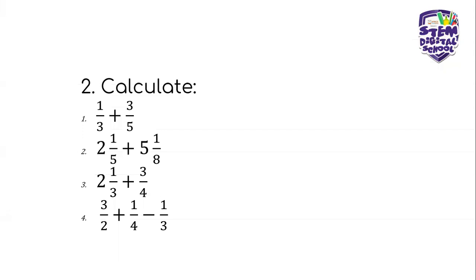So the LCD is 15, and you multiply the 5 by 3 to get 15. So the numerator there will be 5, and then the other numerator, 3 by 3 is 9. So 5 plus 9 will be your numerators. So 5 plus 9 is 14. Thank you very much indeed.